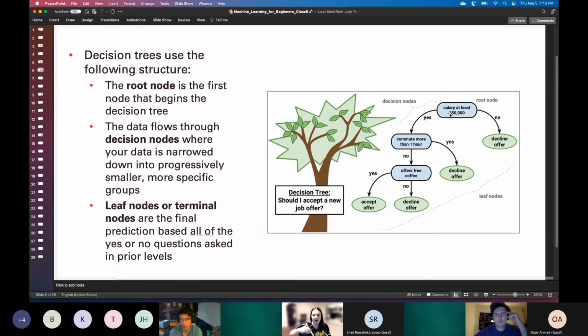So if you use that one feature, now you can't go back, and you may not end up with the ideal end result because of that. That's another reason why random forest and gradient boosted trees tend to do better. Does that answer your question? Yeah, I think so. Awesome. That's a great question.